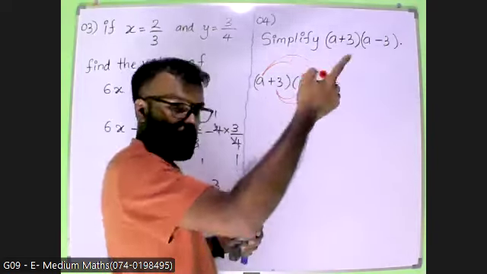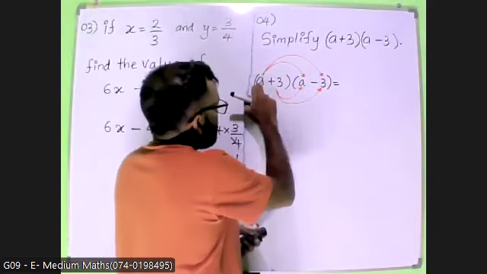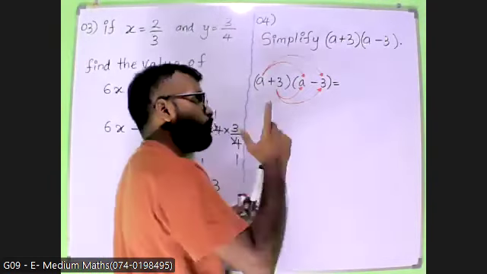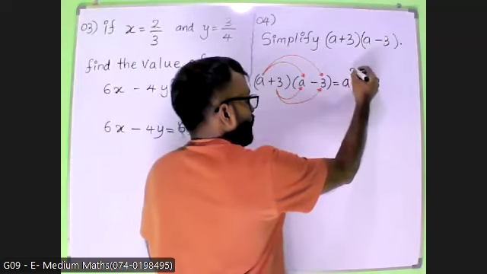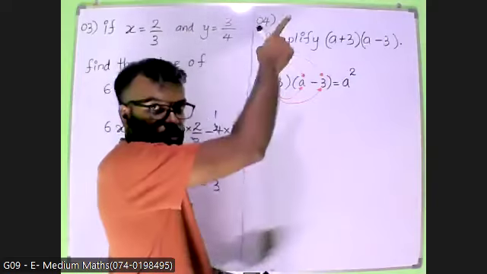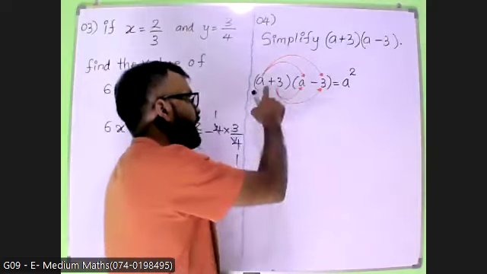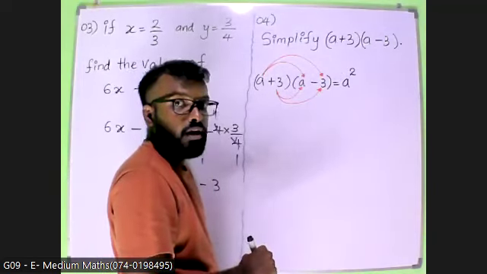First things first. Positive times positive, positive: A times A square. Not plus. A times A square.